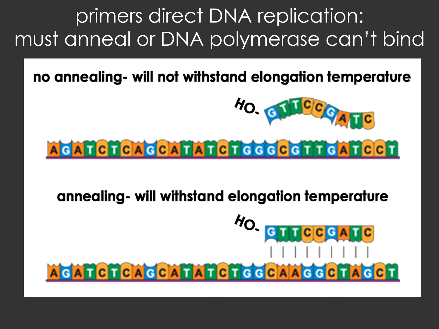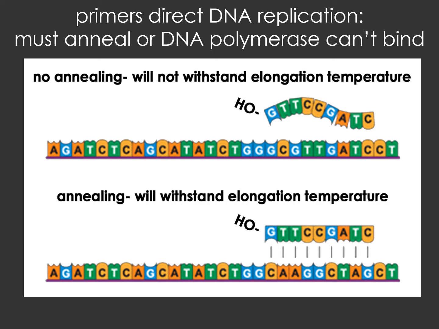So during the PCR process, we're going to see that there are actually 3 temperatures involved. There's the denaturing temperature, which actually opens up the DNA molecule, and then there's an annealing temperature, and then there's an elongation temperature. The elongation temperature is the temperature at which DNA polymerase is active, which as a thermophile is usually around 75 degrees Celsius.